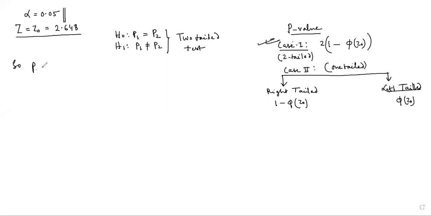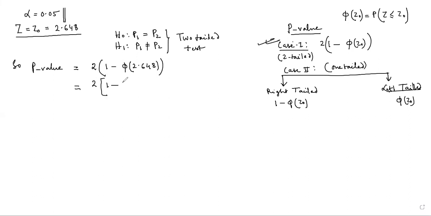So the p-value is calculated as 2 into 1 minus phi of 2.648, because my z0 is 2.648. And by the definition of phi z, as I told you in my previous session, it is the notation for this probability. So I'm actually writing this as twice 1 minus probability of z less than or equal to 2.648.